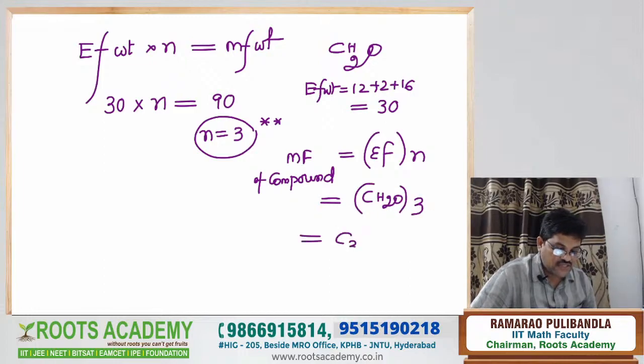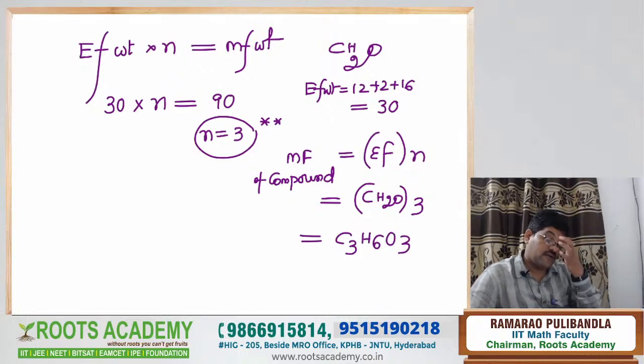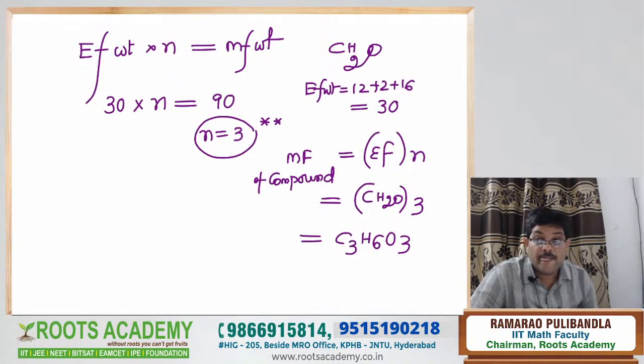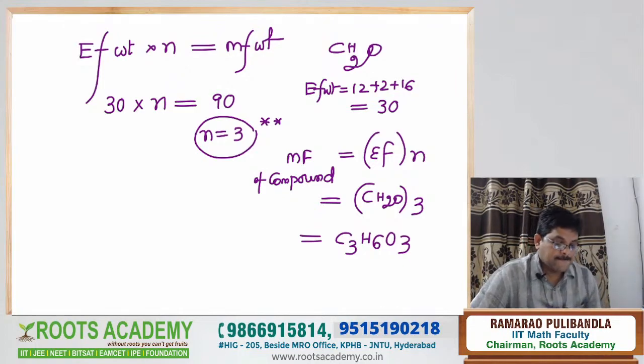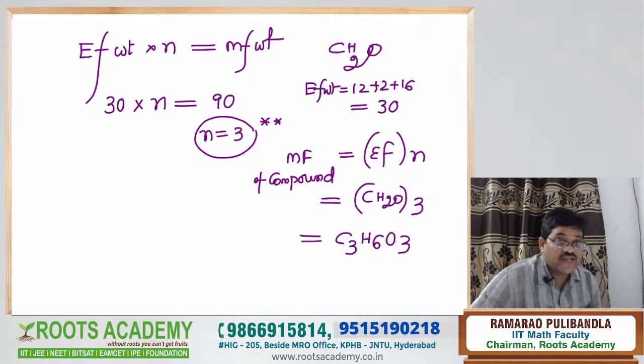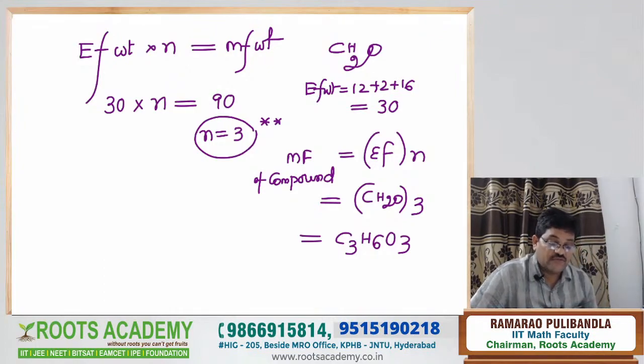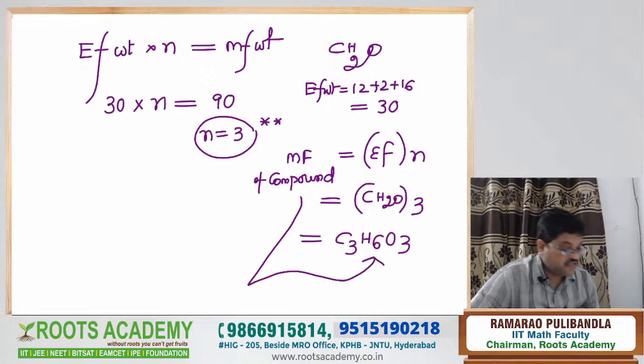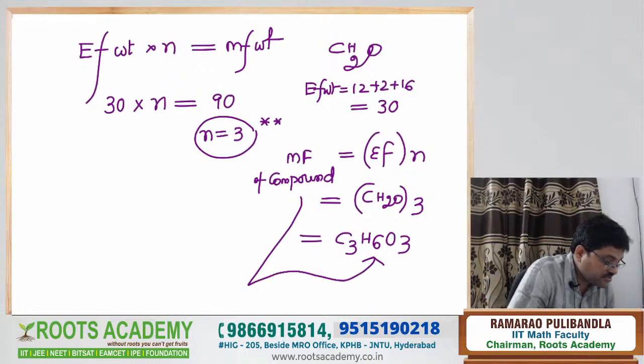We write C3H6O3. That is the relation between the empirical formula weight and molecular formula weight. Therefore, the molecular formula of the compound is C3H6O3. Right.